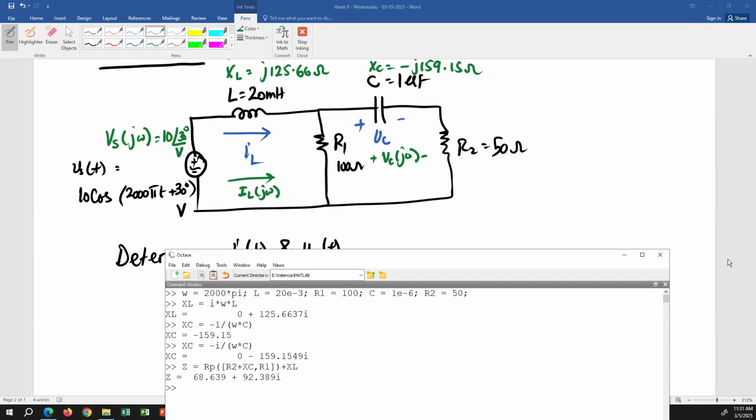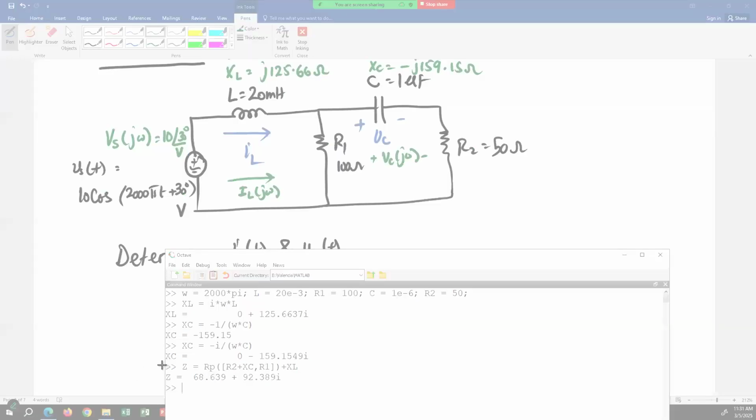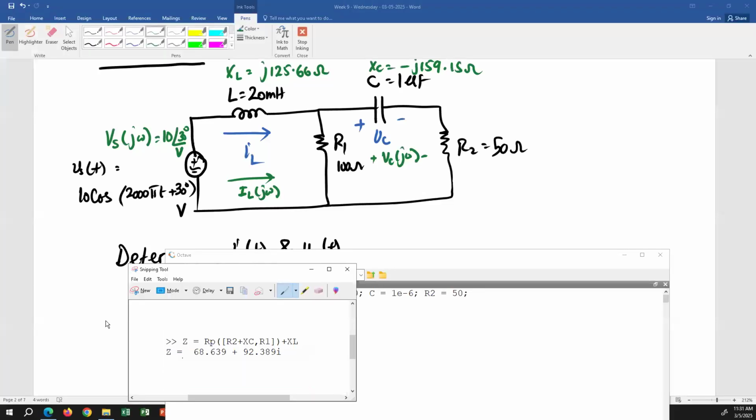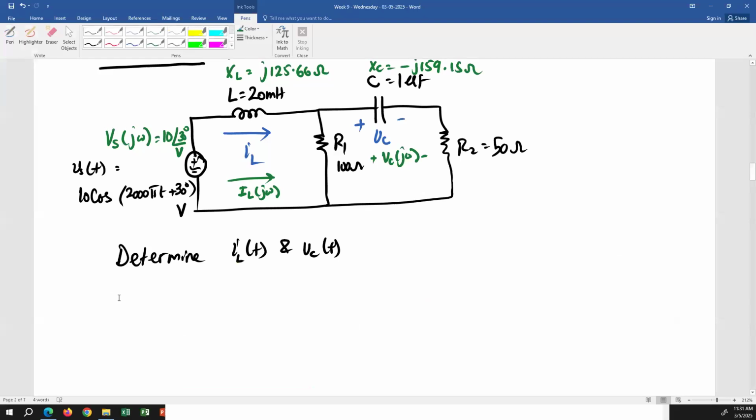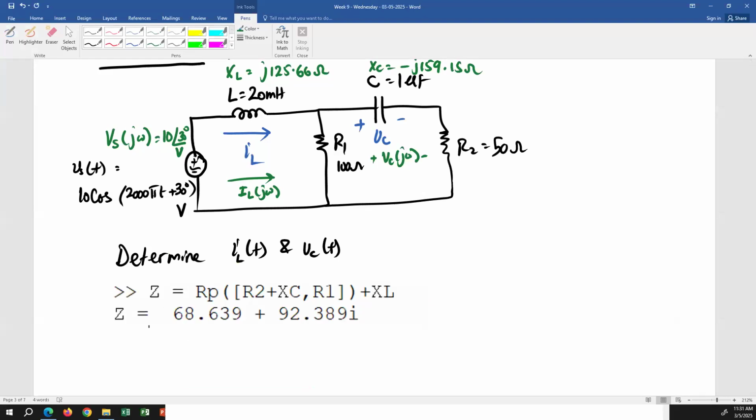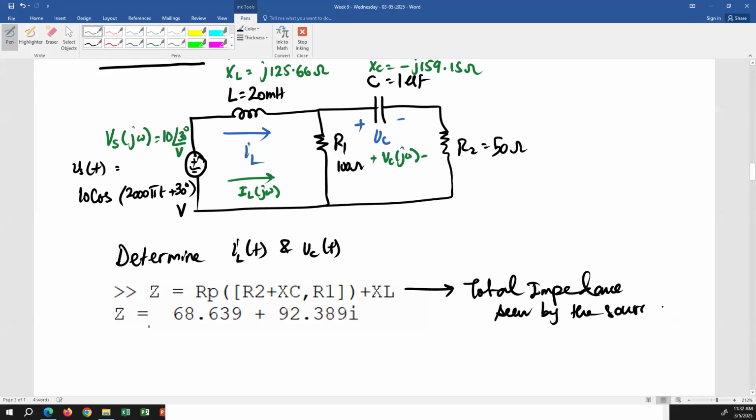So your total impedance is 68.639 plus J 92.389. Total impedance seen by the source.